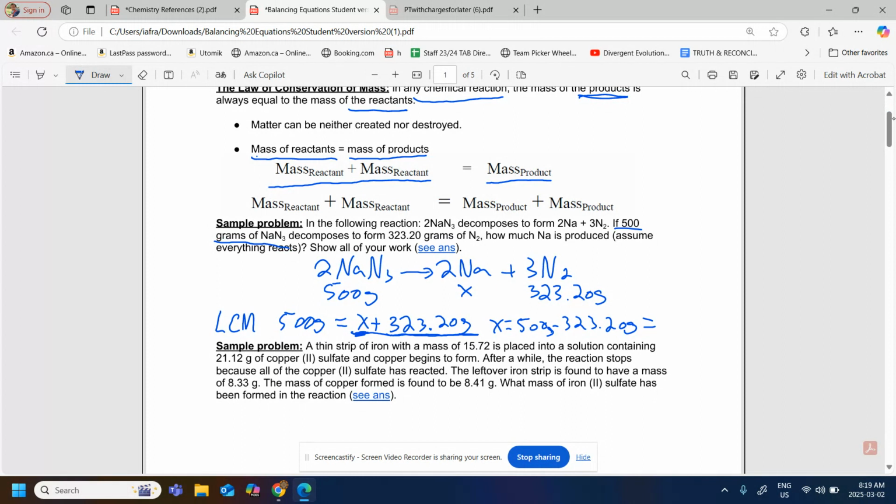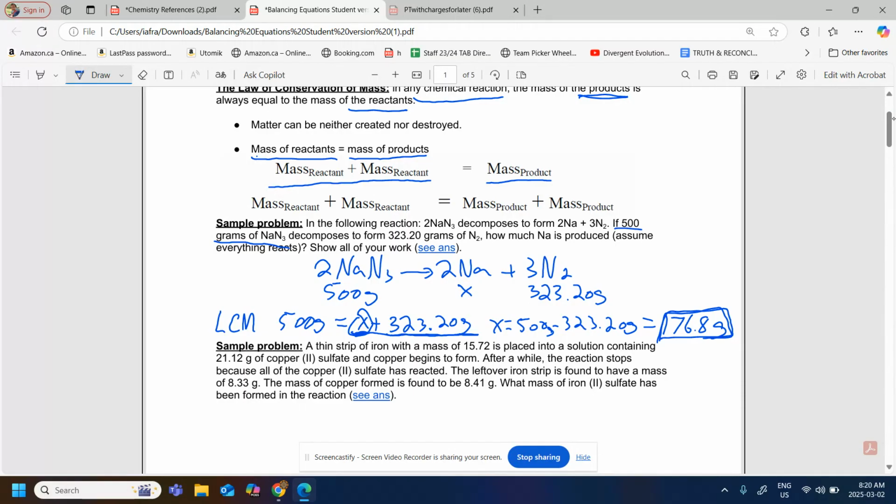So we have 500 minus 300 is 200, minus 20 is 180, minus 3 is 177, so 176.8 grams. This is how much our mass should be for this particular problem, because you just do 500 minus 323.20 to get the value of X because of the law of conservation of mass.